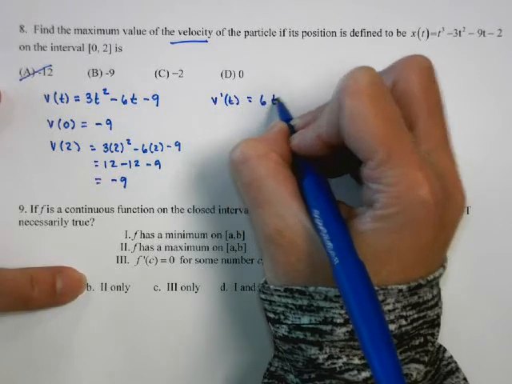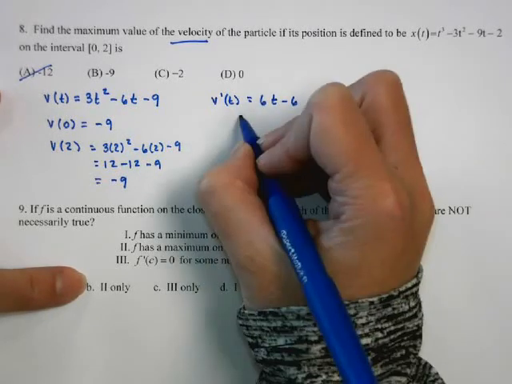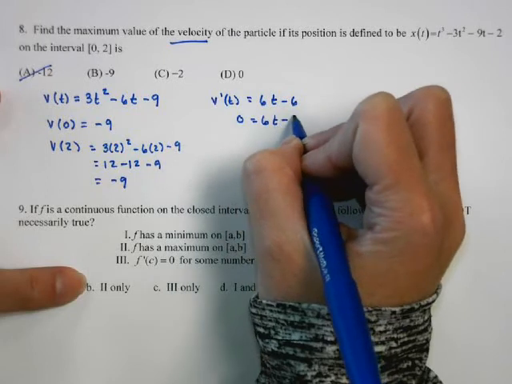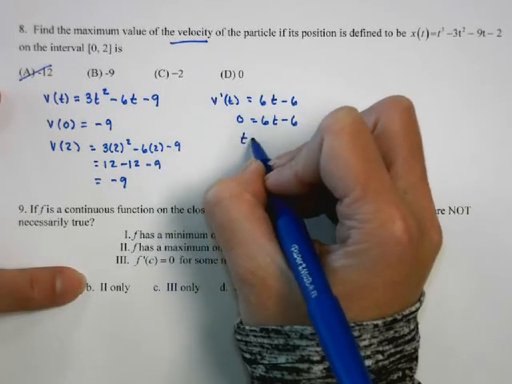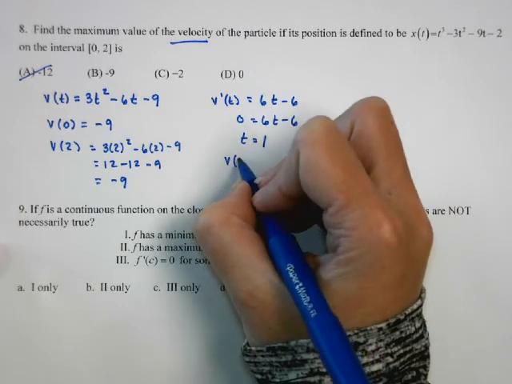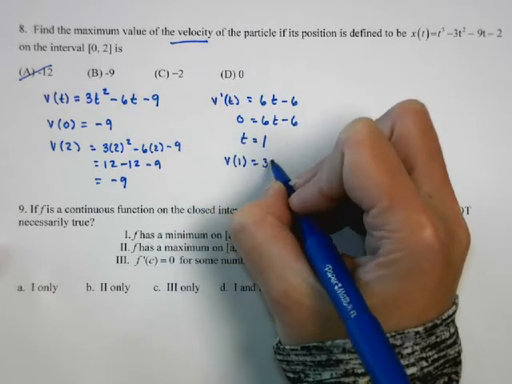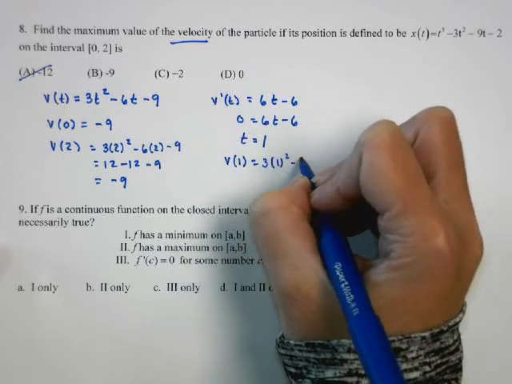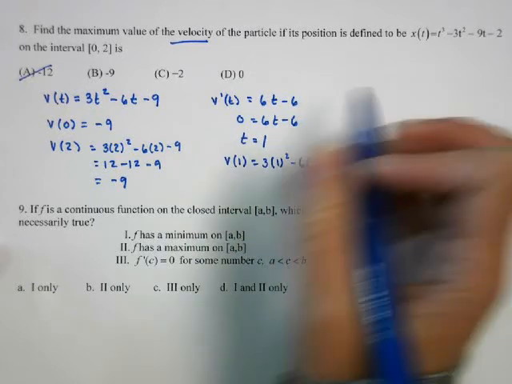So we're going to take the derivative of velocity, which is going to be 6t minus 6, set that equal to 0, and we get t equals 1. So then we'll find what is v of 1. So 3 times 1 squared minus 6 times 1 minus 9.